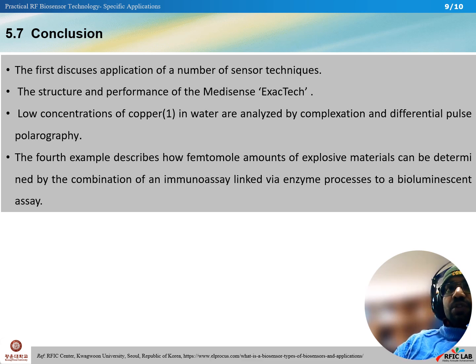Last, the fourth example describes how a femtomole amount of explosive material can be determined by the combination of amino acids linked by an enzyme process to a bioluminescent assay. In this we saw the example of the firefly.